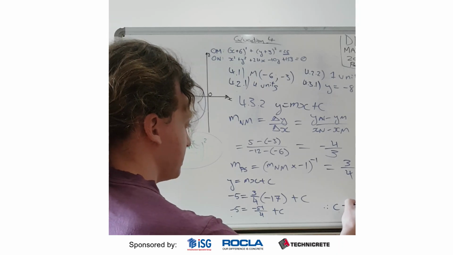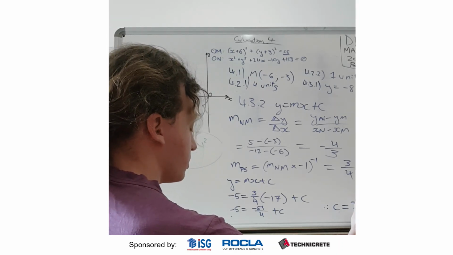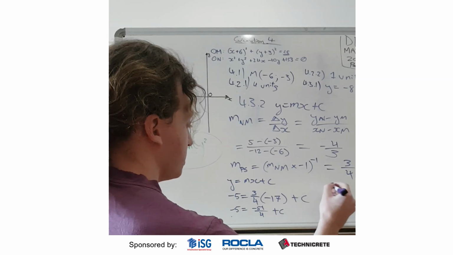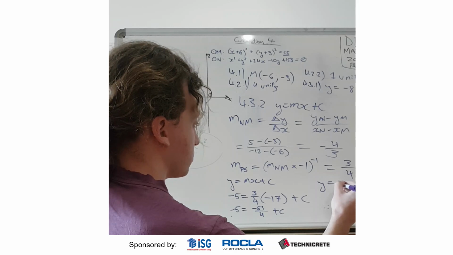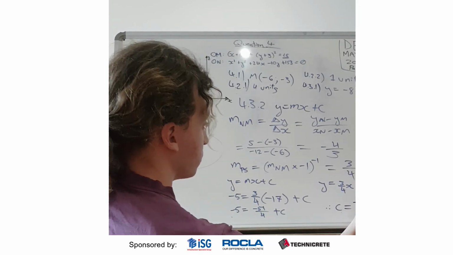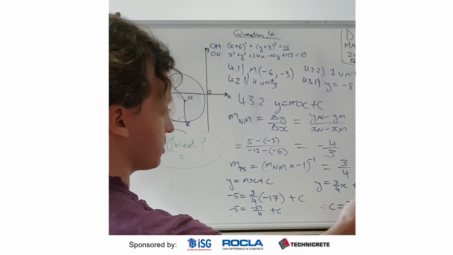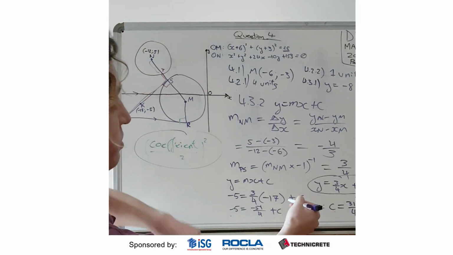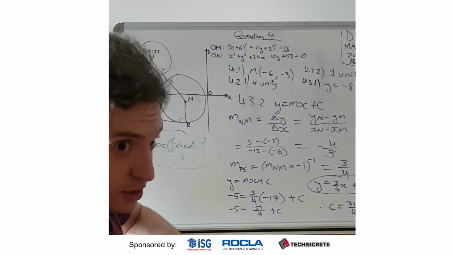I'll spare you the details, but c is equal to 31 over 4. Great, that means, okay, hope you can see that. We have our equation. Y equals 3 over 4x plus 31 over 4. So that's the first method.